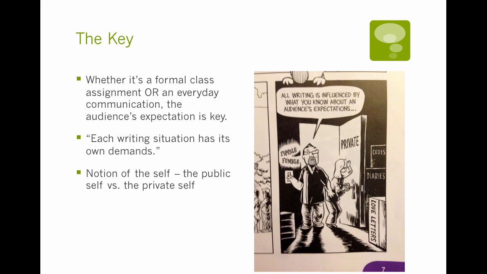Well, I guess people write love letters. Maybe, I don't know. Whether it's a formal class assignment or an everyday communication, the audience's expectation is key, and each writing situation has its own demands. And we have to pay attention to the notion of the self that is being presented, both the public self and or the private self, depending on what we're writing.